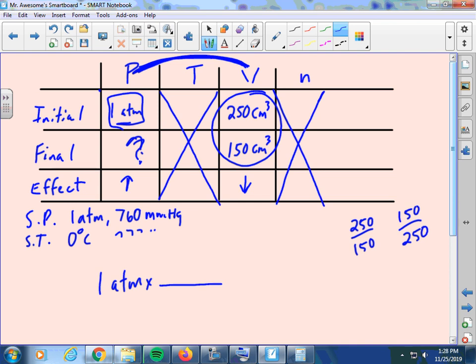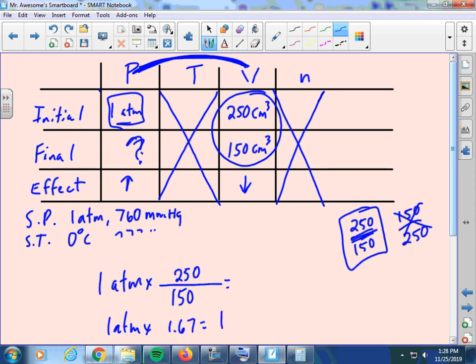So if I want it to go up, I'm going to put the bigger number on top. I want to use this one, not this one. So I'm going to basically take 1 atmosphere times 250 over 150, which if I divide 250 by 150, this becomes 1 atmosphere times 1.67, which means it's 1.67 atmospheres. Pretty simple, huh?